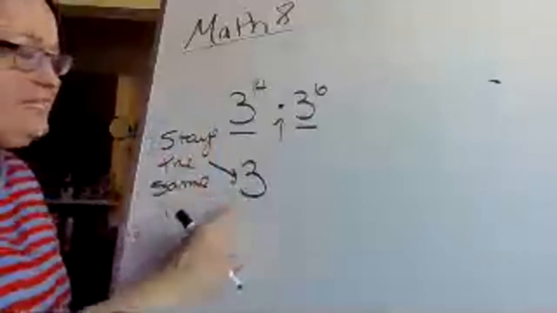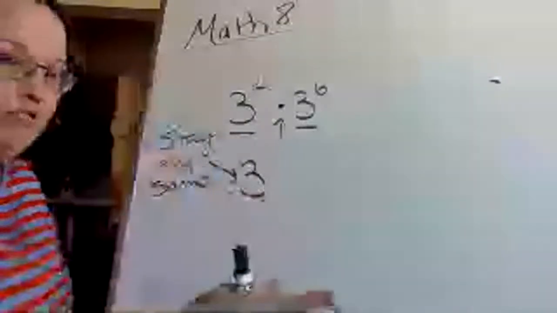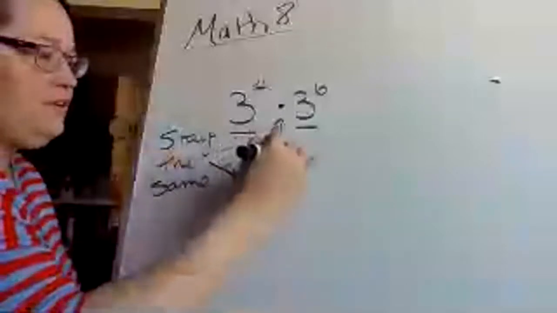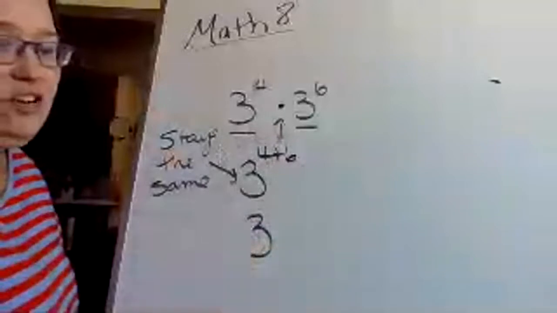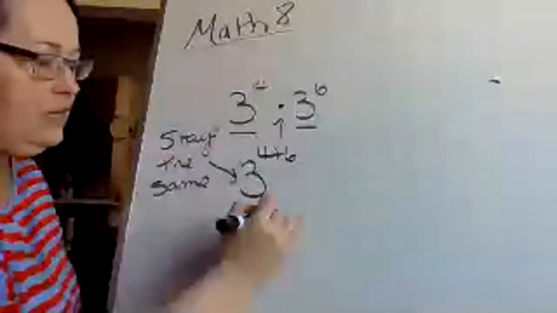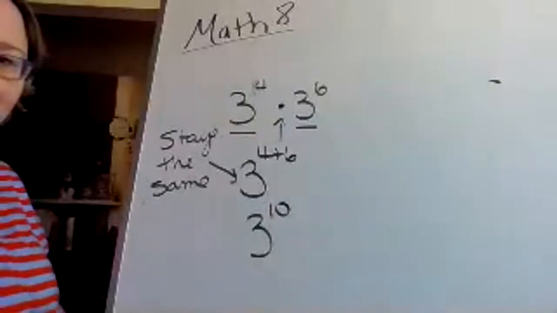Okay, so your base stays the same, but your exponents is what changes. So you add the exponents together. So you keep your base. It doesn't change at all, but your exponent changes to 10.